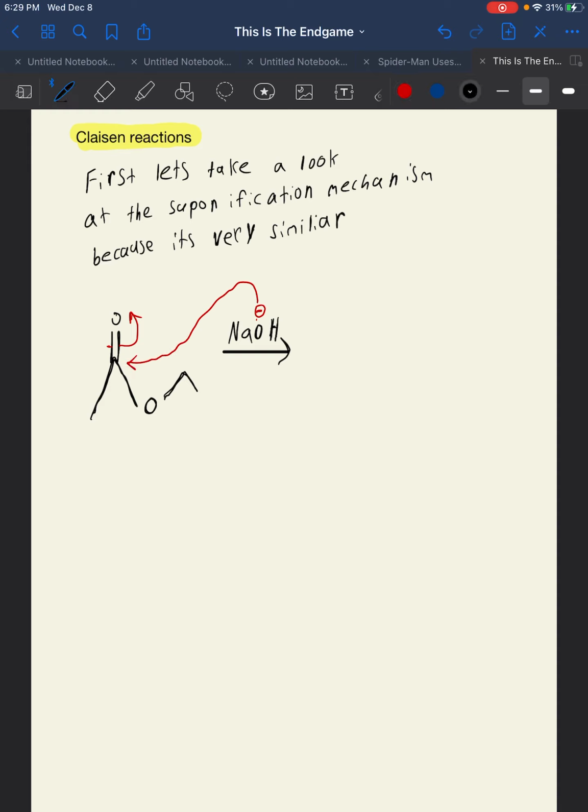So the first step is something that looks like this. However, we can then resonate this negative charge down, kick out the ester group, giving us the step 2.